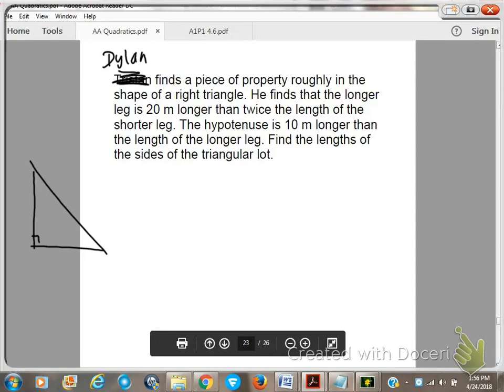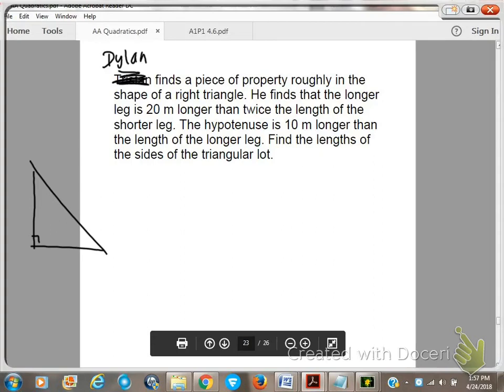Where are the legs here? Okay, so you got your one, on the left, that one right there where you're pointing. What should we write here? x plus 20. Then the bottom one. The longer leg is 20 longer than twice the length of the shorter leg. I'm going to say 20 plus x is not good enough. 20 plus 2x.